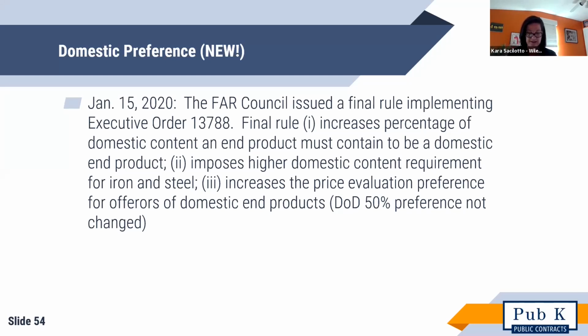So even though this rule expanded the Buy American Act, and Biden's executive order is intended to expand coverage of the Buy American Act, this final rule stuck with the tried and true framework that currently applies to considering domestic content and whether an end product is covered by the act.